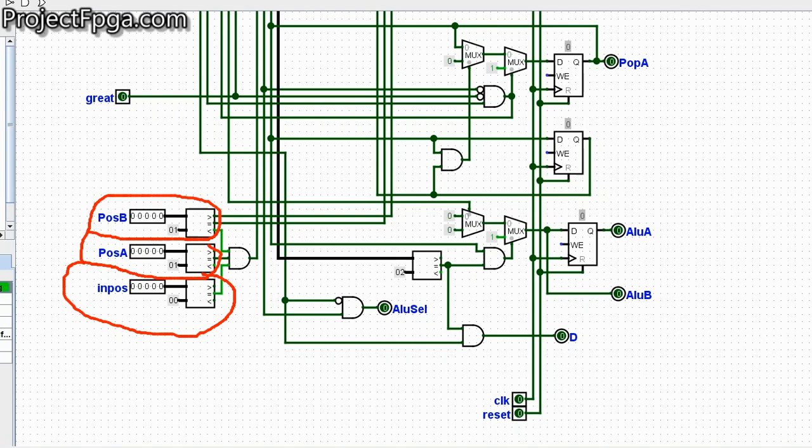B and A are the two stacks for our operator and our logic. The reason why A is equal to 1 is because A will store your final output. So it won't be at 0, it will be at 1 to still contain the final output. So this in position, remember it's coming from the ACC in, is the stack pointer for our inputs.